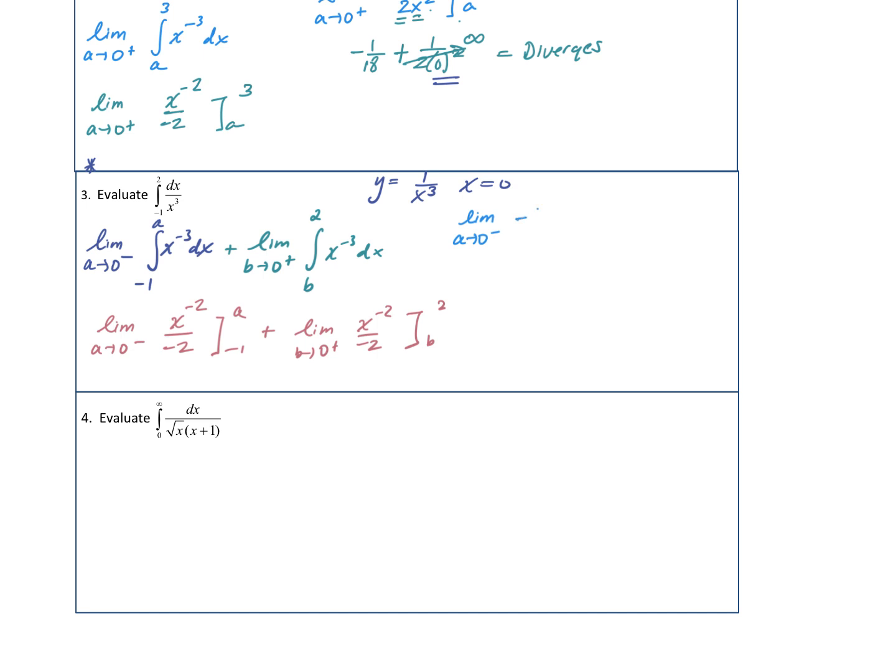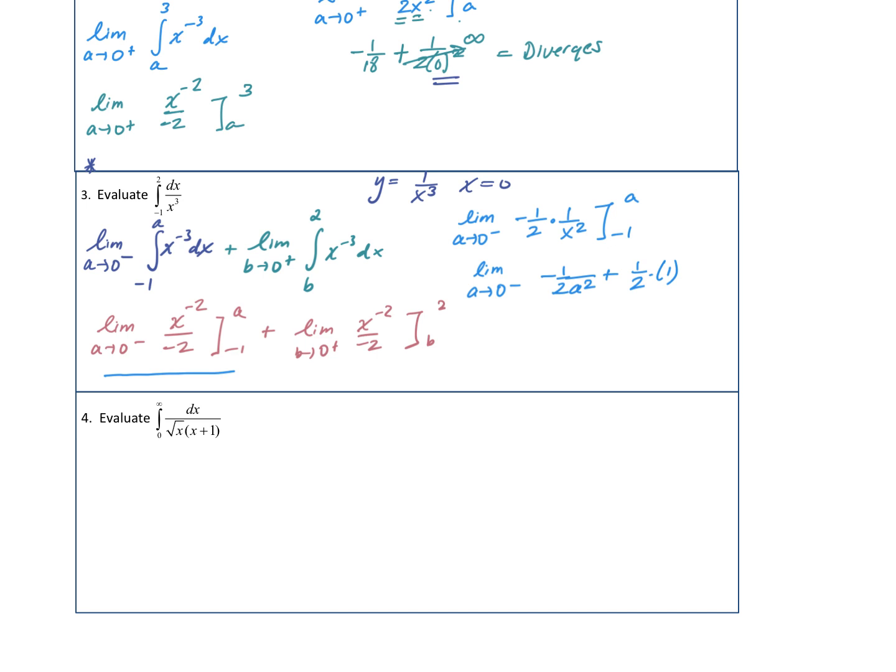So this is negative 1 over 2 times 1 over x squared, negative 1 to a. This is just this one right here. So I'm going to plug in the a, plug in the minus 1. So we get the limit as a goes to 0 from the left. So it's negative 1 over 2a squared minus, but it will become plus, and then 1/2 times 1, like that.